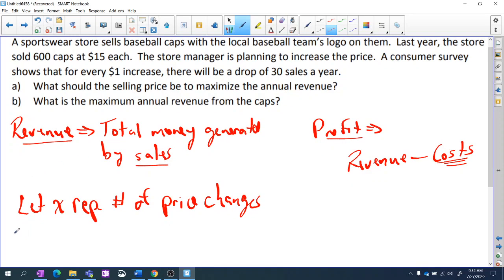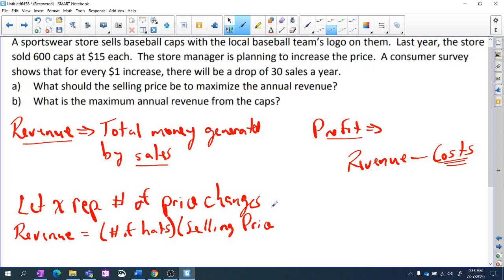So imagine you were running this business and you wanted to get revenue. Well, the way you would figure it out is you would take the number of baseball hats that you sell and multiply by how much you sold them for, your selling price. And that would give you your revenue.